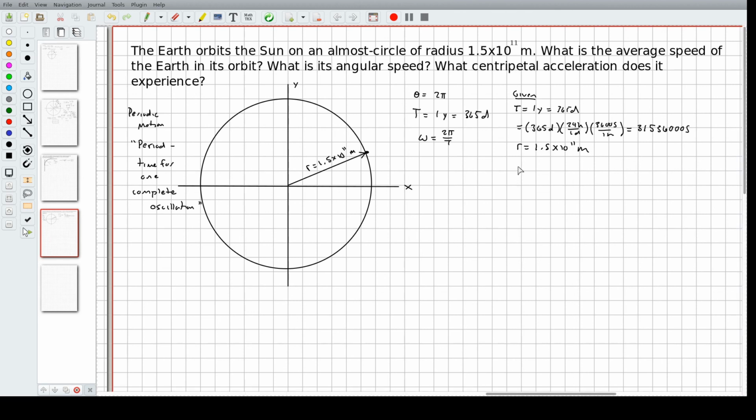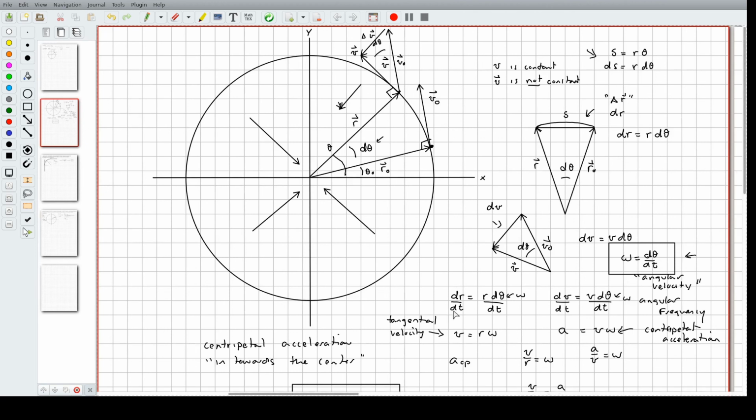Now, what are we trying to find? The average speed v, the angular speed omega, and the centripetal acceleration that it experiences, a sub cp. So we have a couple of routes to doing this. If you look over here, we have tangential velocity, which would be its speed in its orbit, and we have another way of expressing centripetal acceleration.